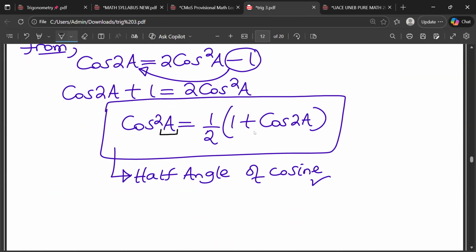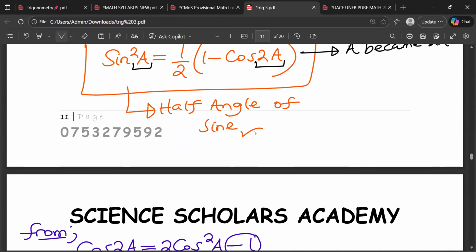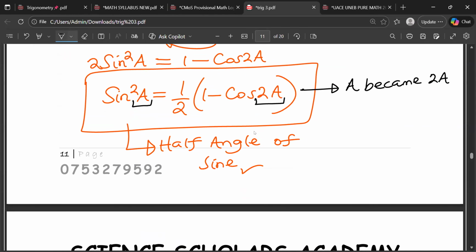A became 2A. So when A becomes 2A, this is what they call doubling. So A is doubled. But remember, it's doubled, yet we are dealing with the half angle. Then here, still A becomes 2A. So this is what they call doubling.